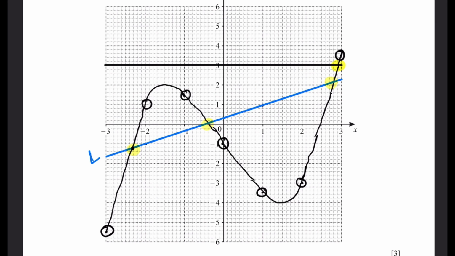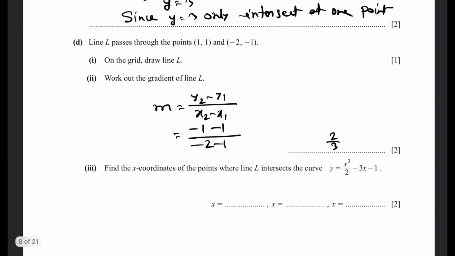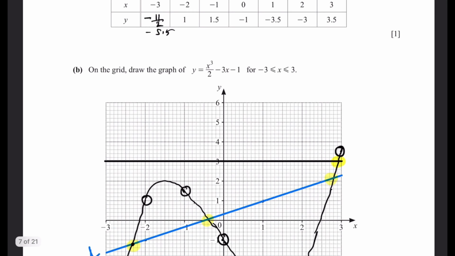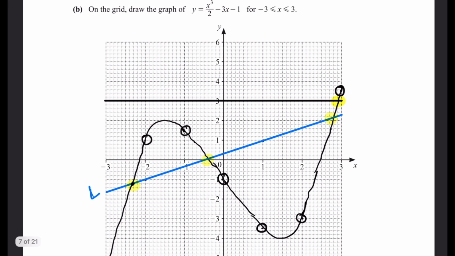Minus 2.35, 2.35, minus 2.35. Okay, then this is minus 1, 0.1, minus 0.2, minus 0.3, minus 0.4.